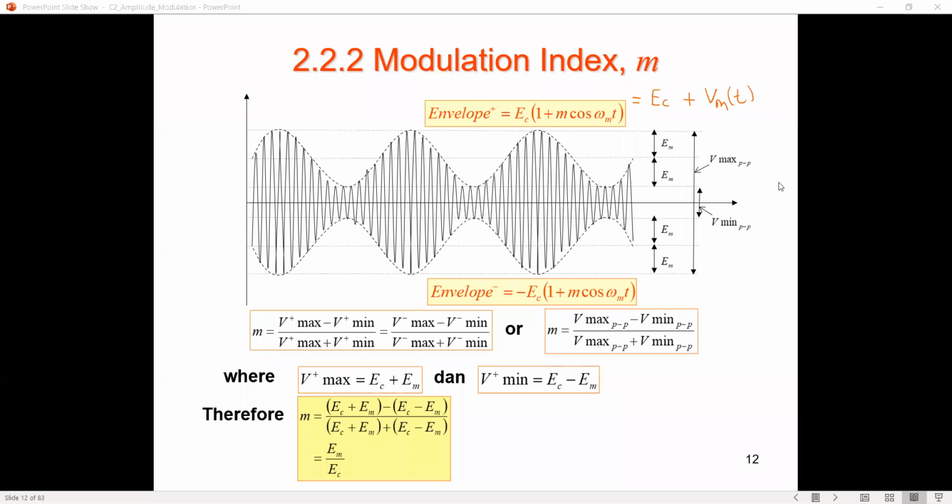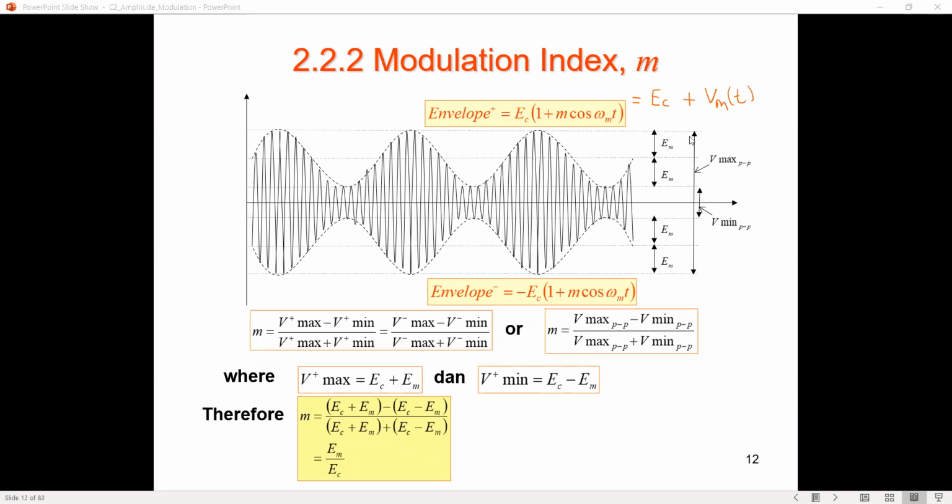Okay, so now we go back to our waveforms. This is our full AM waveform where M is less than 1. From this waveform there are a number of parameters that we can associate with our signal, like before when we learned about EM and EC.